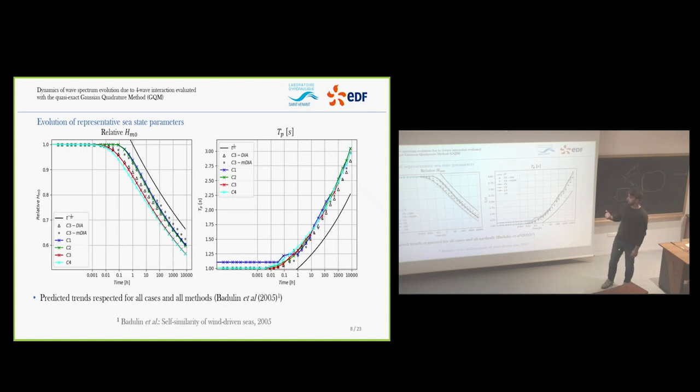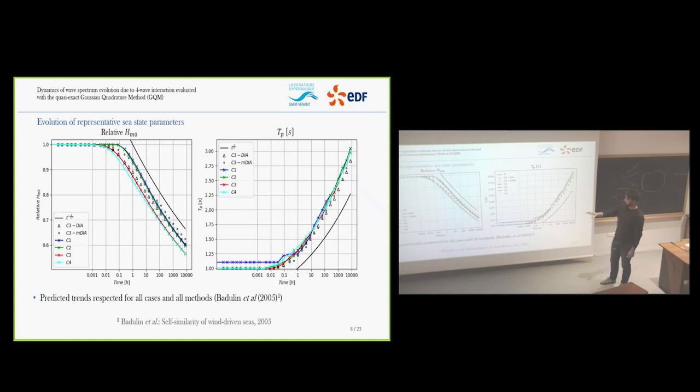There is an apparent loss of energy, which doesn't make sense because the equation is meant to be conservative, but this is due to the fact that the energy transfer due to the four waves interaction also brings energy outside of the discretized domain, resulting in an apparent loss of energy. On the left, you can see the evolution of the peak period.